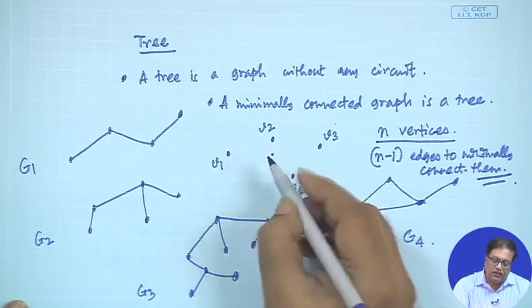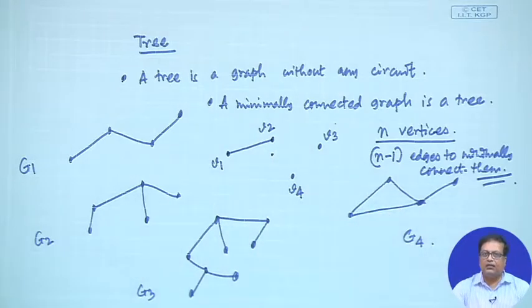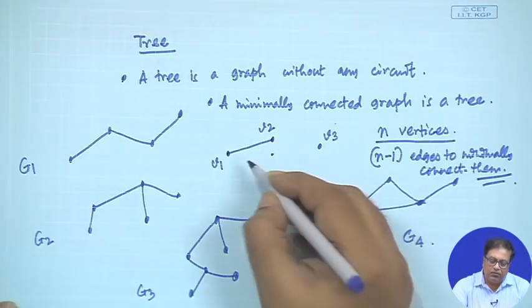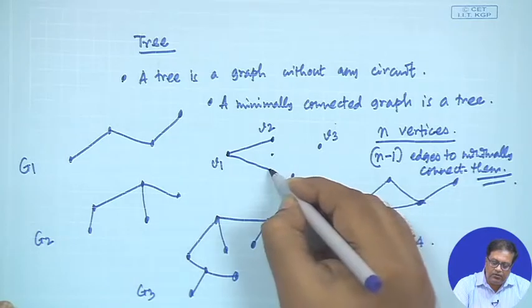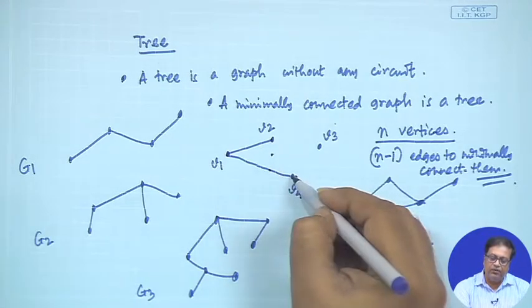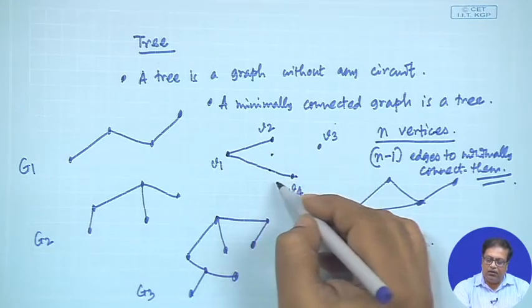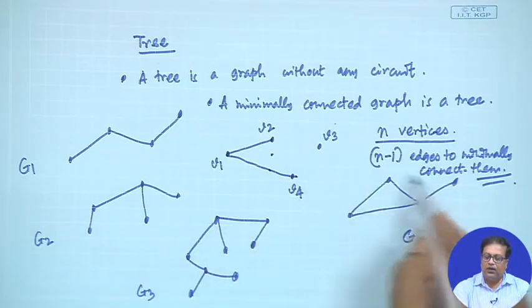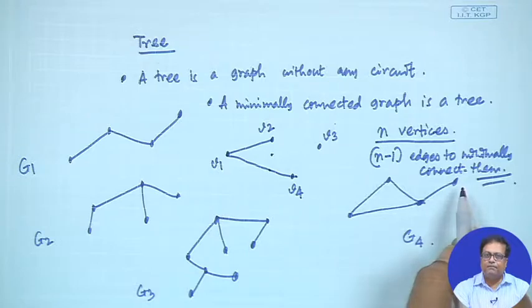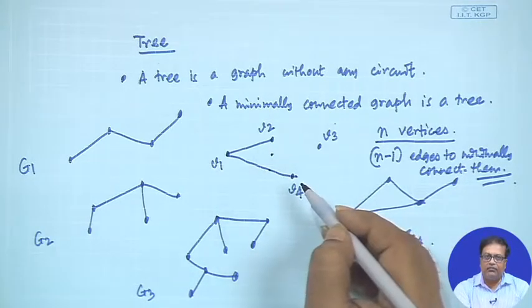Suppose we connect V1 to V2, so one connection is gone. Now, you connect V1 to V4, so two connections are gone. Now, the third connection, suppose you use between V2 and V4, then you have already utilized your n minus 1 connections, but then you get a disconnected graph.